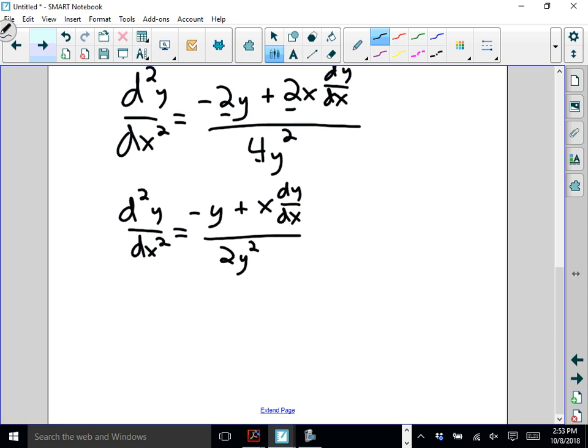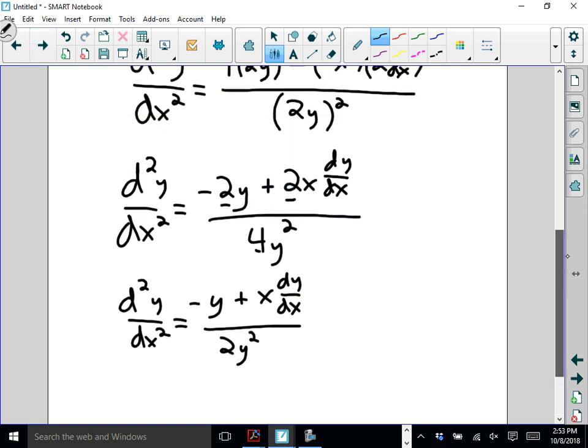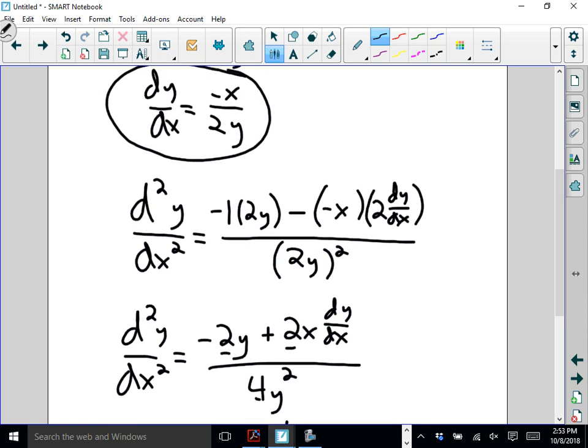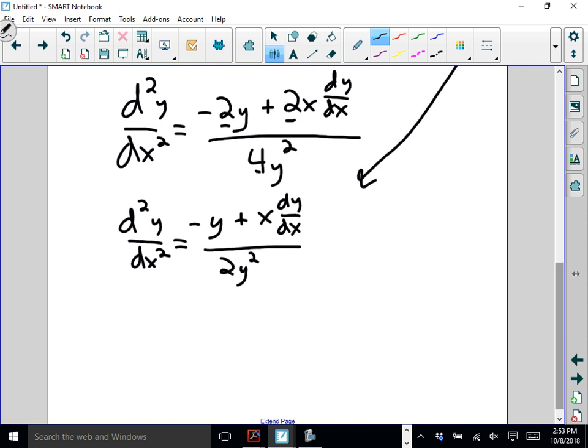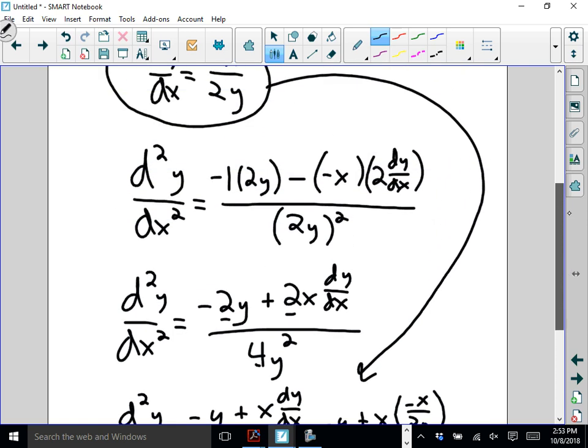So I want to go back up here. My nice, convenient, please circle, negative x over 2y. And I'm going to plug that in here. Okay, so let me make sure I did that right.